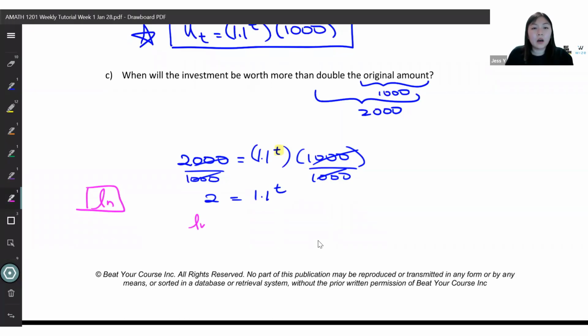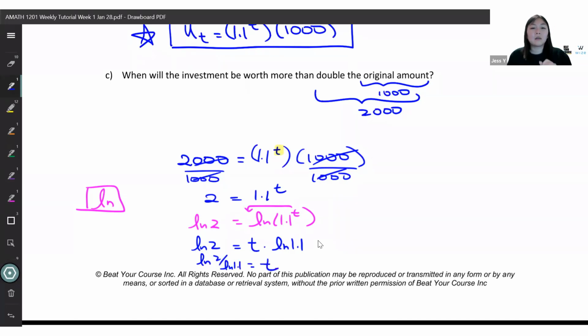So we end up with ln of 2 equals ln of 1.1 to the power of t, because now we can bring that t down using our ln rules once again. Okay, so this is ln 2 equals t times ln of 1.1. And then finally, solving for t, we're just going to divide both sides by ln 1.1.